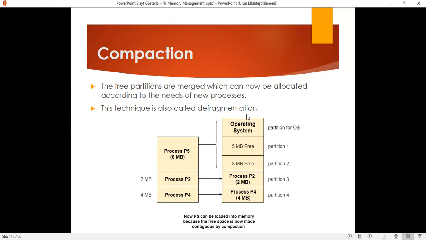The system is always working on this, because always some processes are coming, some are finishing execution, and the system is always trying to separate free space and processes. Let me draw.